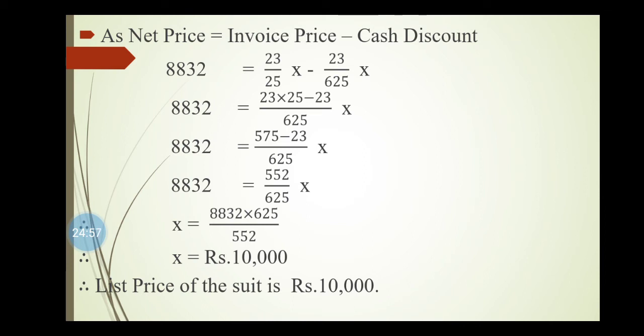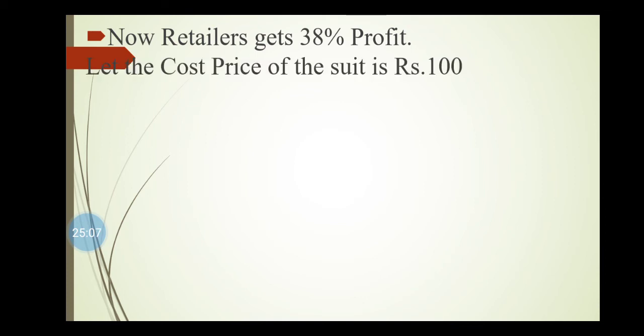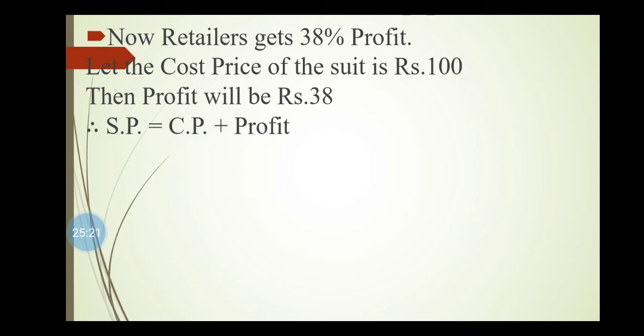Now we have to find the cost price, as the retailer gets a 38% profit. If we let the cost price of the suit be rupees 100, then profit will be rupees 38. Now we know that selling price equals cost price plus profit. So selling price equals 100 plus 38.